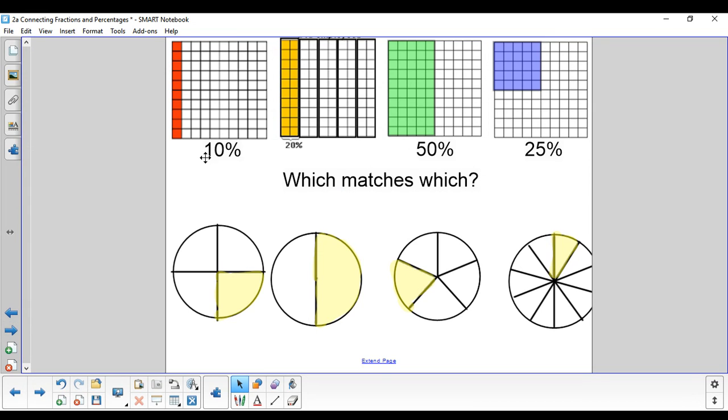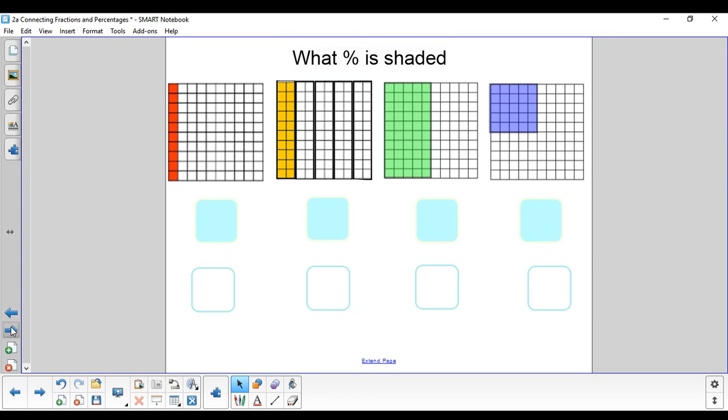So let's see which matches which. We're going to have a look at which fraction goes together with which one. Okay. Here we have 10 out of 100, so that can be written as that. Here we have 2 strips, which is 20, so that's 20 out of 100, which can be written like that.